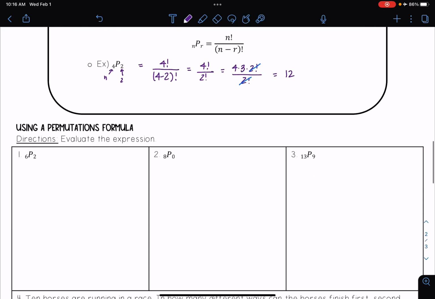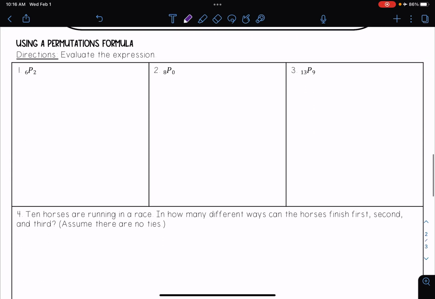So let's look at some more examples. I'm going to evaluate the expression. First I have 6P2, so that means I'm taking a permutation of 6 objects 2 at a time. The 6 is my n, 2 is my r, so this is going to equal 6 factorial over 6 minus 2 factorial.